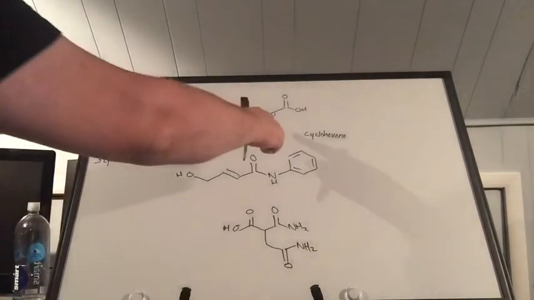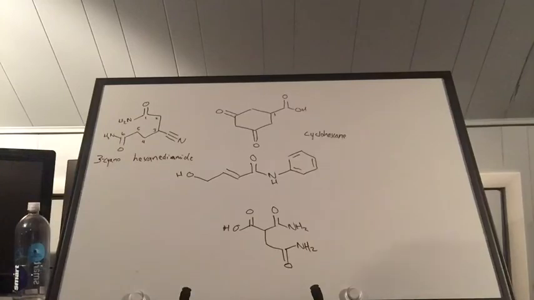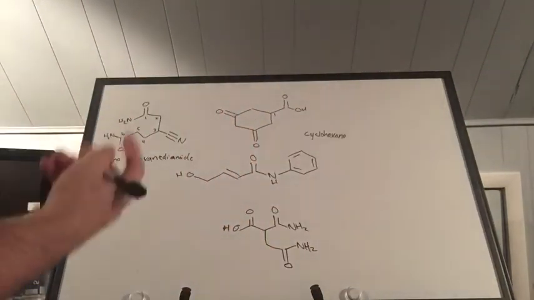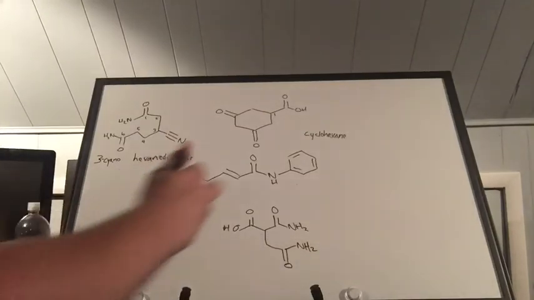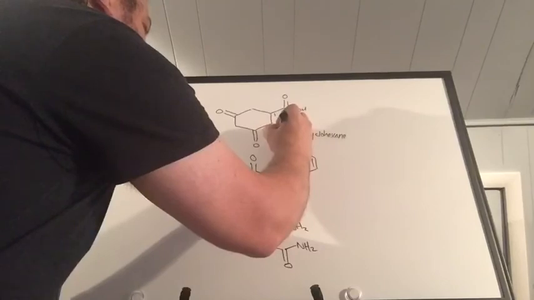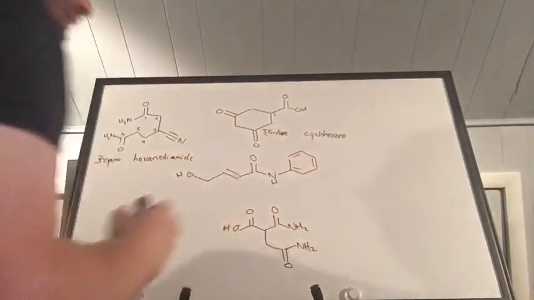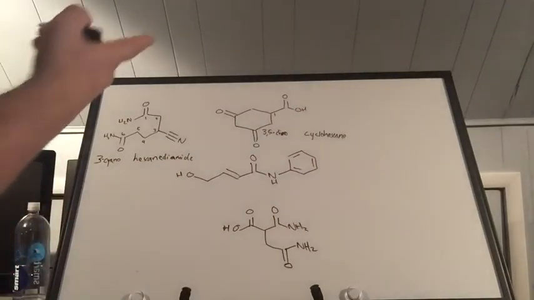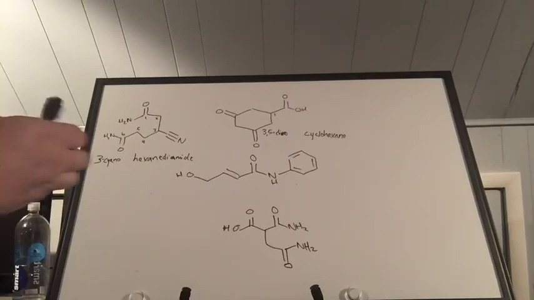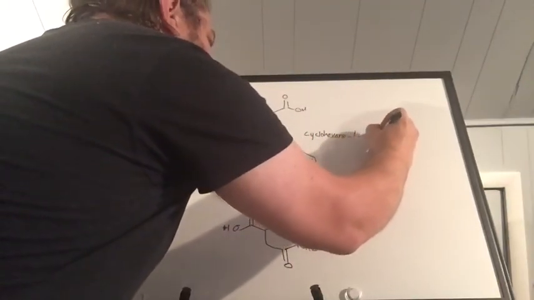So it'll be, what is it, 3,5-dioxo. Yeah. So remember that each one of those ketones is going to be represented as oxo. So it'll be 3,5-dioxo. Okay. And then cyclohexane, and then 1-carboxylic acid.